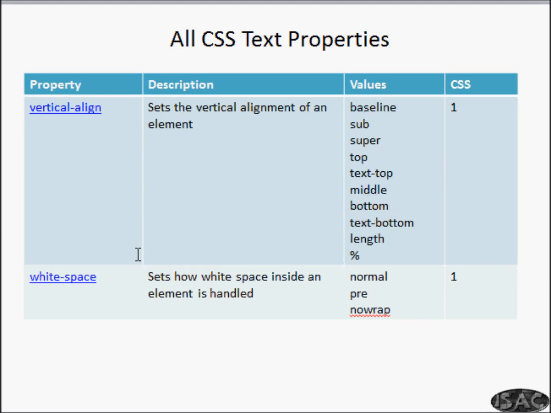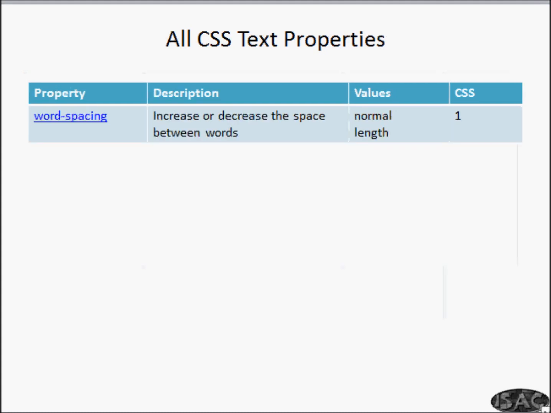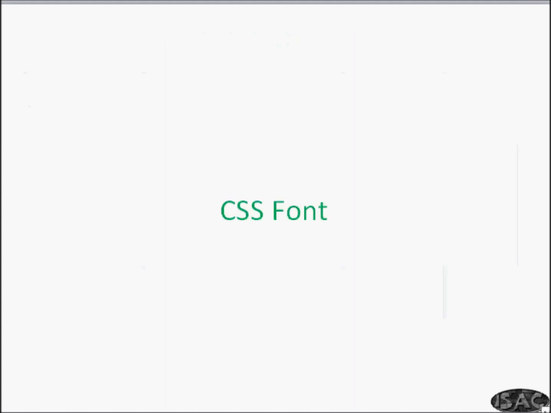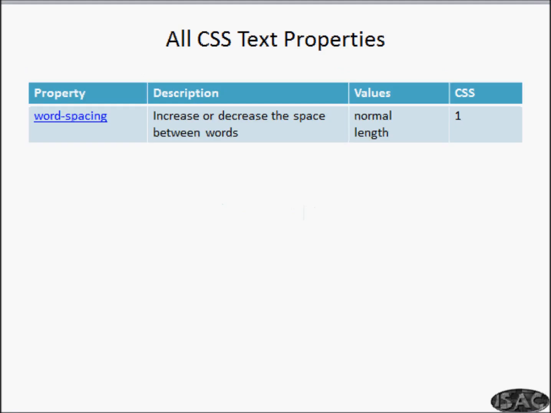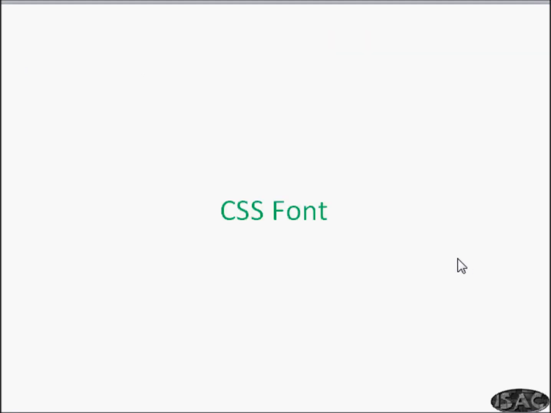Super, sub, baseline, and white-space. You can use no-wrap or pre. So these are the text properties which we have seen. That's all about understanding CSS with text.